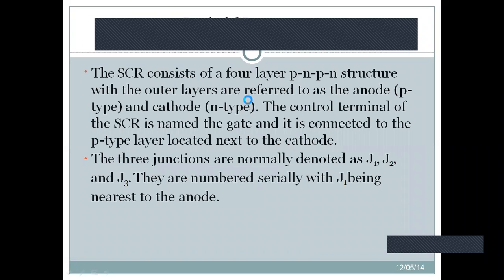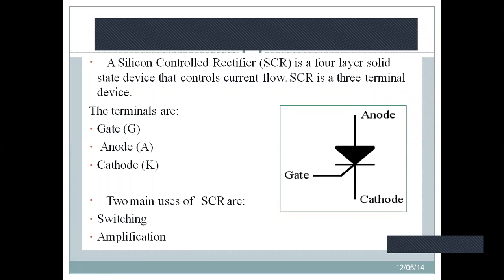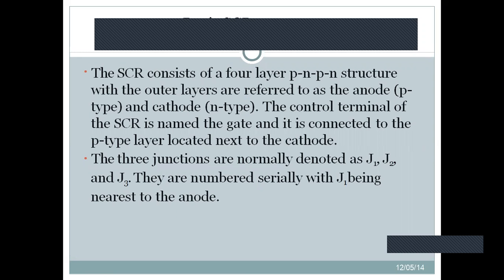Now, after studying the symbol of the rectifier, let us go to the structure of SCR. How is the SCR constructed? As in your normal PN junction diode, one is P type material, another is N type material. But here in SCR, it is a 4-layer device. We don't have a 2-layer, we don't have a 3-layer, we have 4 layers.